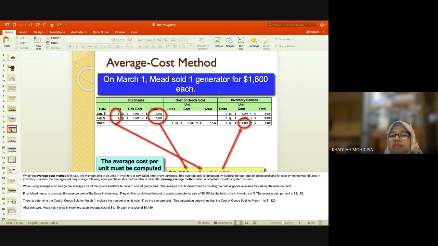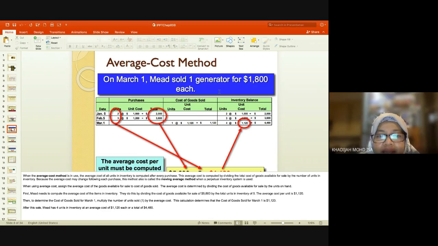The next one, we have the average cost method. So when talking about average, it means weighted. All right. The average cost, you're going to sell at the average cost of your inventory.